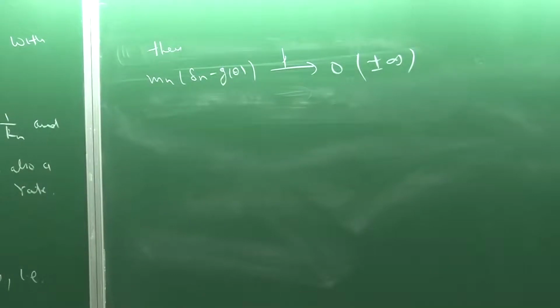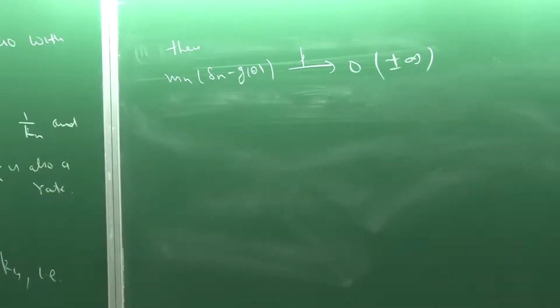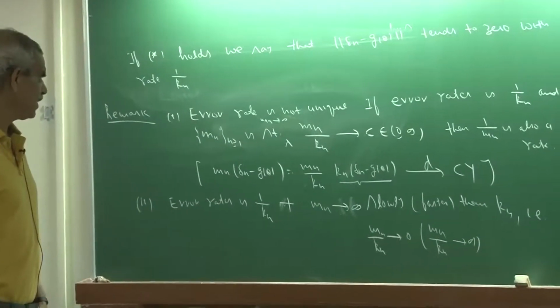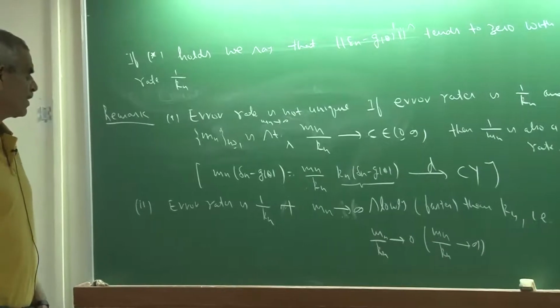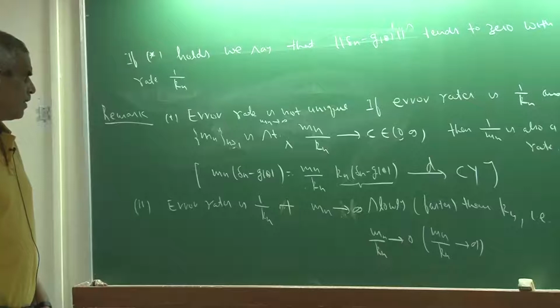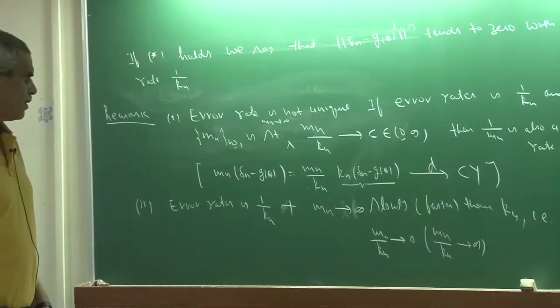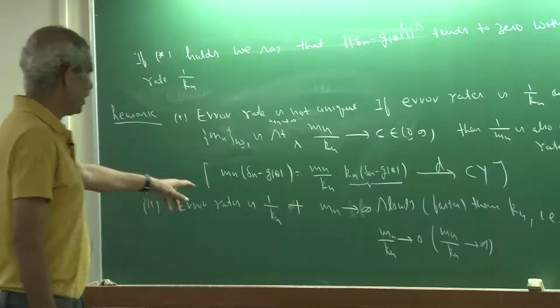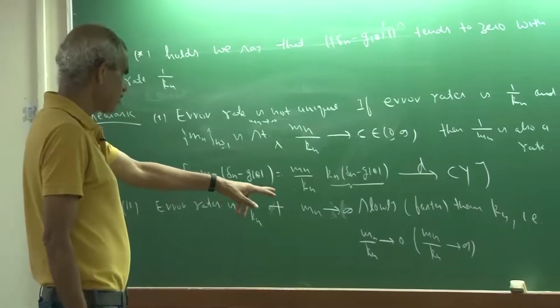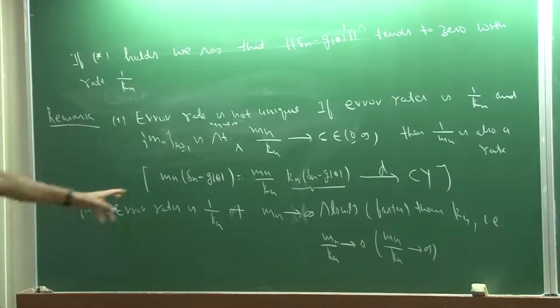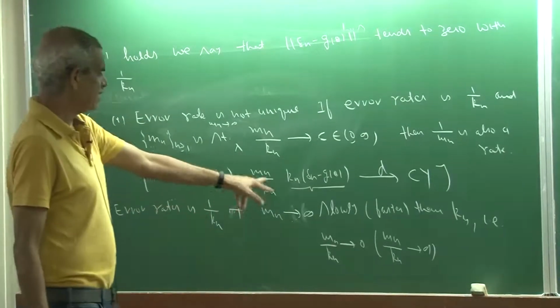So what this says is, if delta n is consistent for g theta and Mn goes to infinity much slower than Kn, then Mn is also a rate. Mn going to infinity at a much slower rate means Mn by Kn is going to 0. So in that case, Mn into delta n minus g theta is Mn by Kn times Kn into delta n minus g theta.